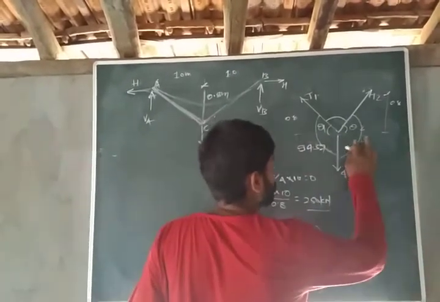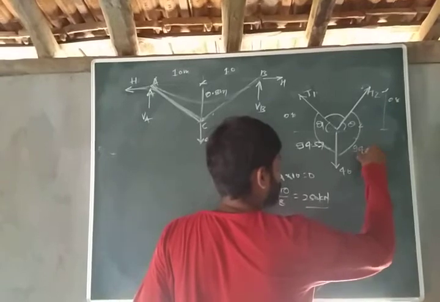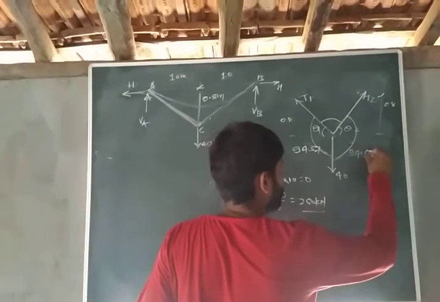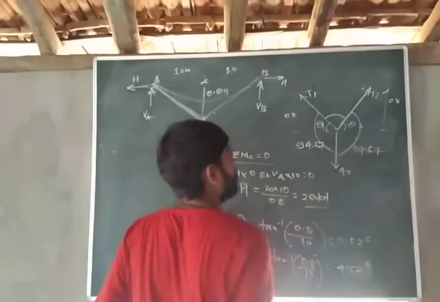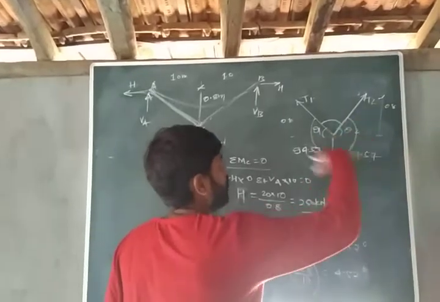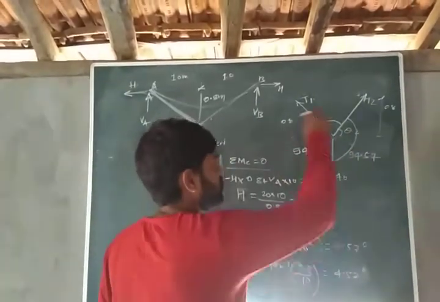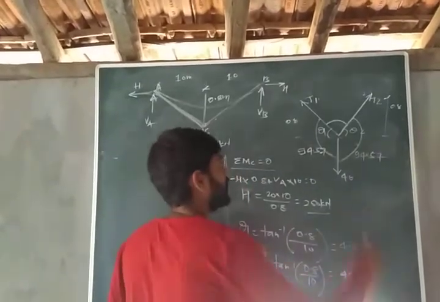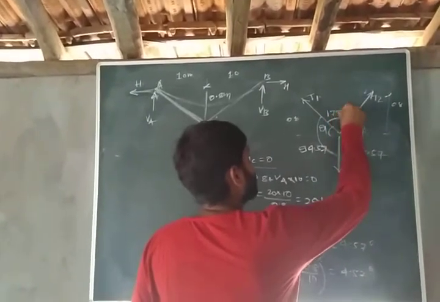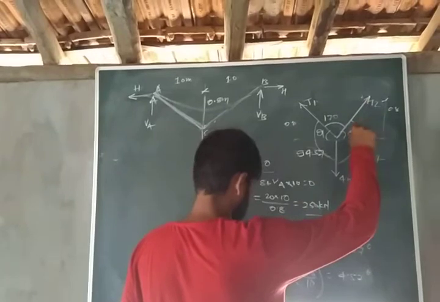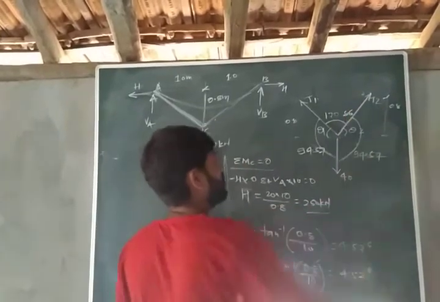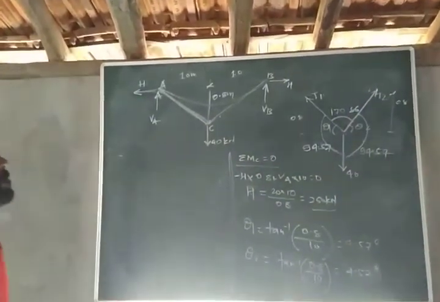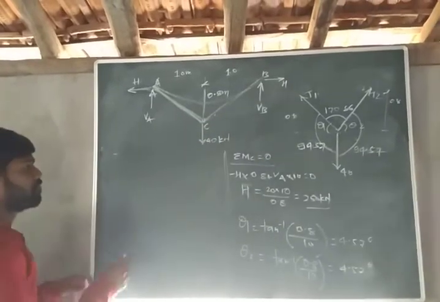This will also become 94.57, and the total angle will be 360. So 360 minus 94.57 minus 94.57 will give this remaining angle, 170.86.